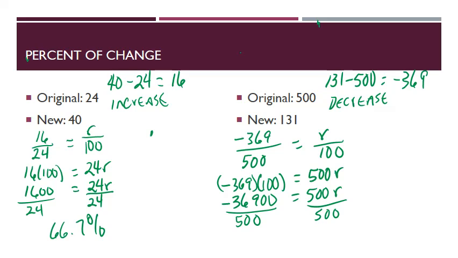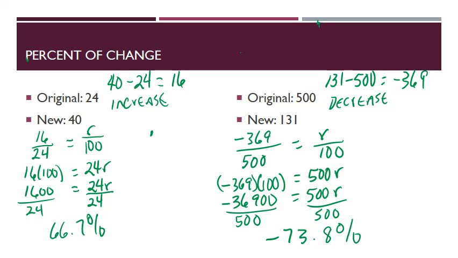And let's see, negative 36,900 divided by 500 comes to, even number, how about that? Negative, because it's a percent decrease and that's a negative number anyway, 73.8%.